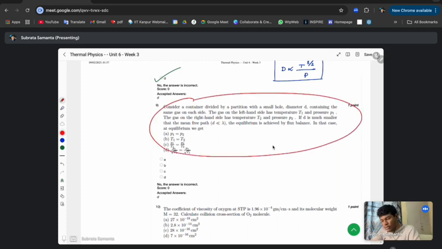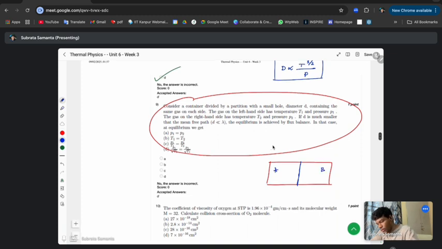So let's consider a container that is divided by a partition with a small hole. Let's try to draw a picture. So two containers, and there is a partition, with sides A and B. Also there is a small hole.